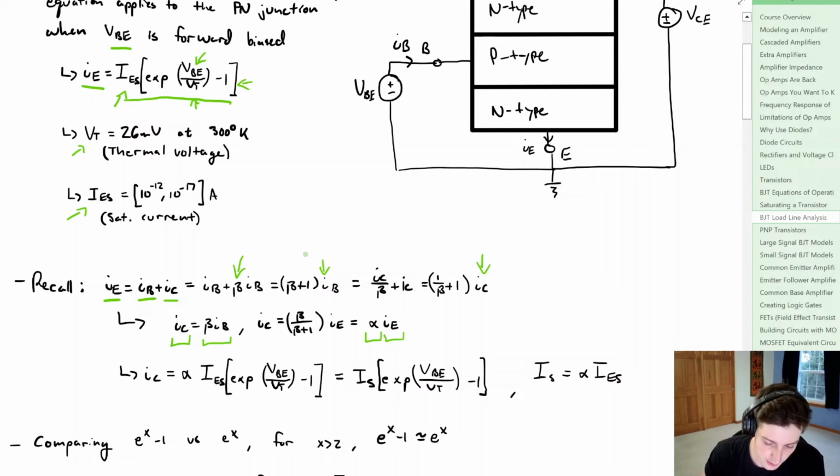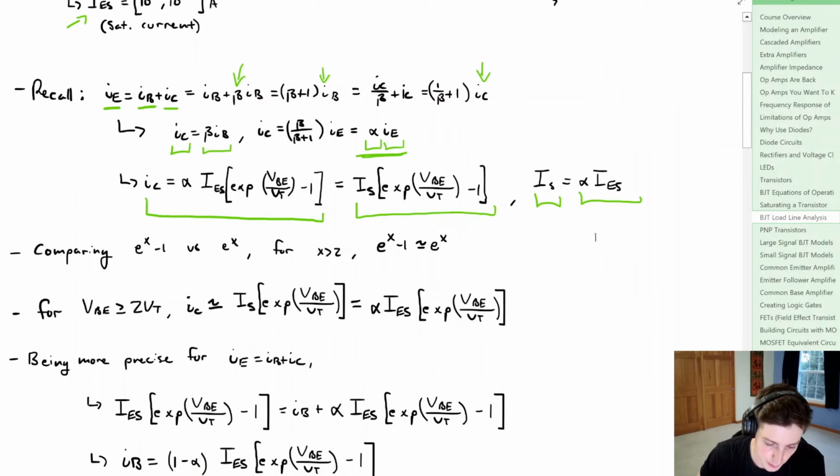Now what we can do is take this part of the equation here, plug in what we found up here, and substitute that in. Now we can make a substitution, call it I sub s, equal to alpha times IES. This is where we get a little bit hand wavy with approximations, and we're going to compare e to the x minus 1 versus e to the x.